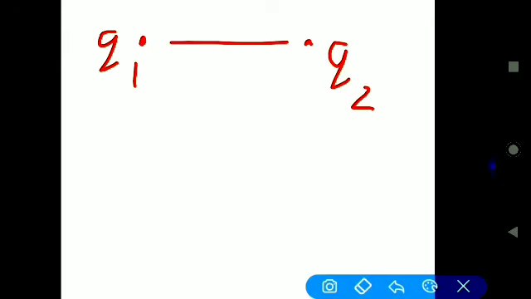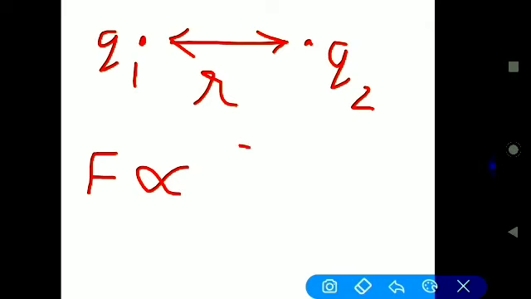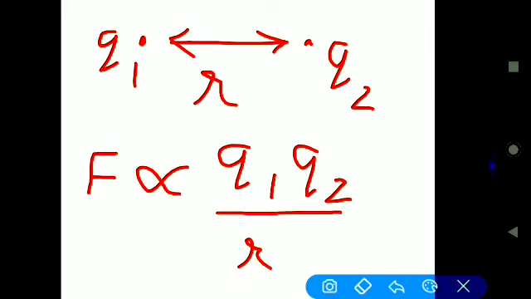Similarly, in Coulomb's law, there are two charged particles Q1 and Q2. They are separated by some distance, say r. So here also a force acts between these two charged particles, and it is proportional to the product of the charges Q1 into Q2 and inversely proportional to the square of the distance between them.